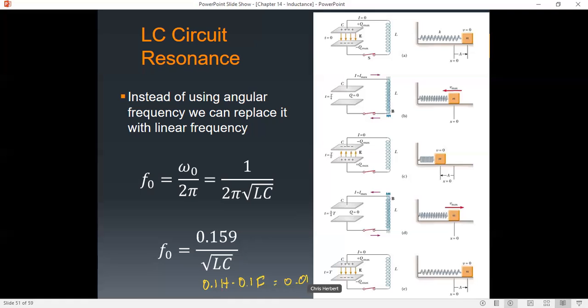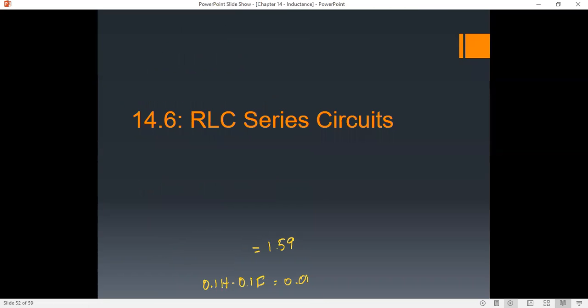I take the square root of 0.01, I get 0.1, and I'm dividing 0.159 by 0.1, and that would give me 1.59 hertz, okay? So what we see is that we again can use this as an oscillator, and it is used for a number of different applications.